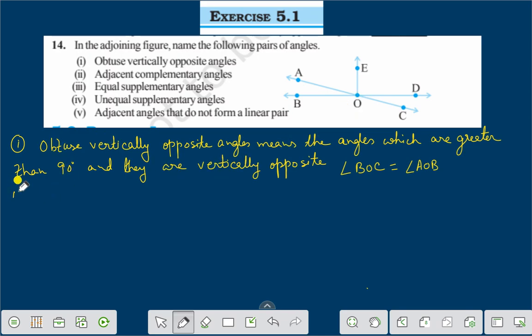Now question number 2 is adjacent complementary angles. What is the meaning of that?